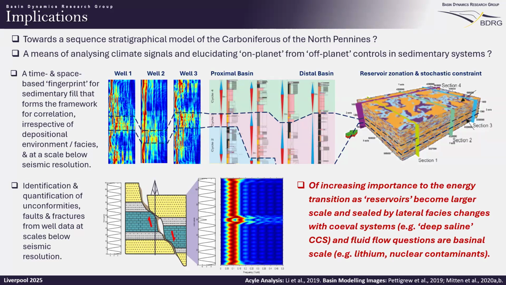There is a company currently working the North Pennines as a possible source of lithium. Their main lithium reservoir is the top of the granite where it's in contact with the Carboniferous sediments. At the moment, they have a layer cake Carboniferous succession. Is that right? Will that help? How does that screw up their model?